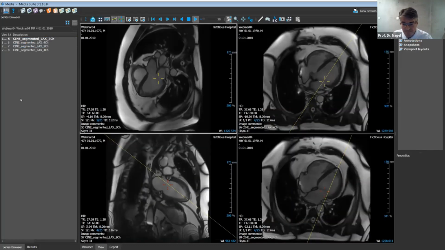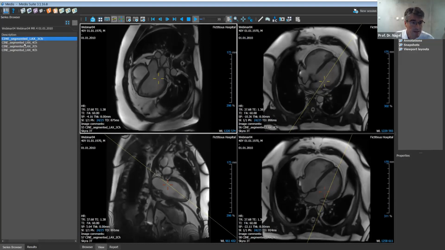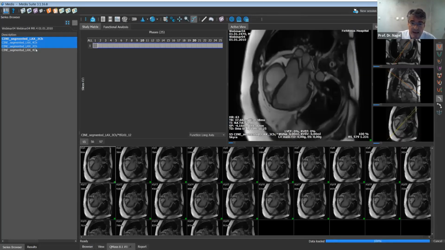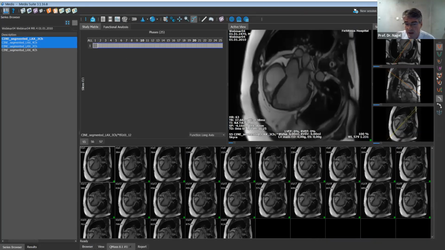So with this one, you can see ejection fraction is down quite a bit. I'm going to, again, load the contours and do the analysis. So relatively fast analysis. Again, check for the end systole.